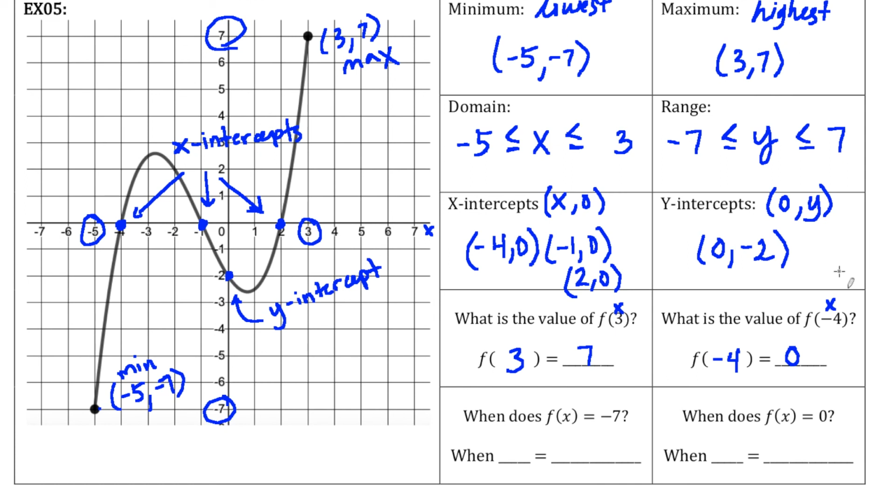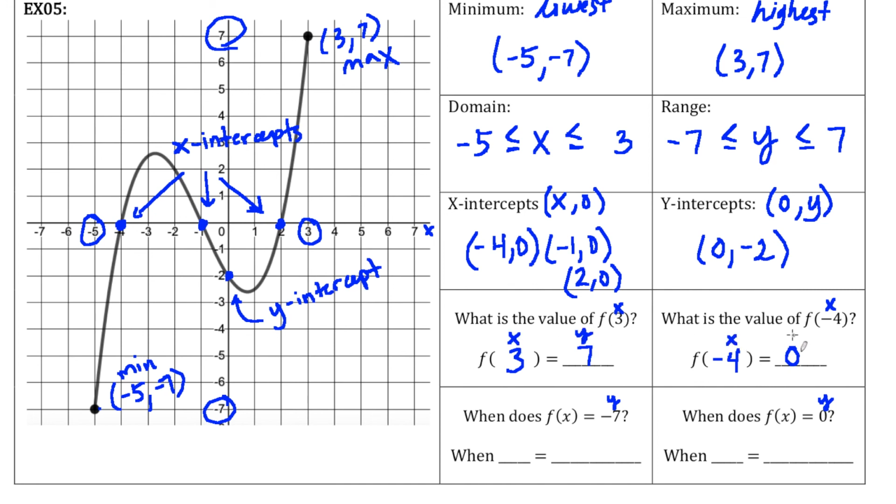Cool. Now this time, it's asking, when does f of x equal negative 7? So it's asking what x has to be for the y to be negative 7. This is our y. But if you notice, f of this inside is x, this outside is y.